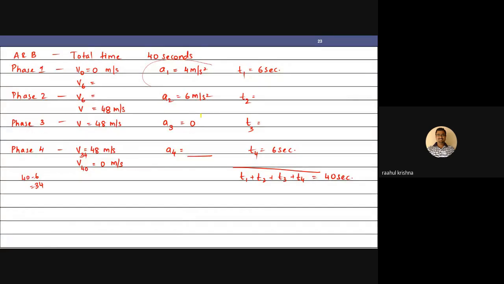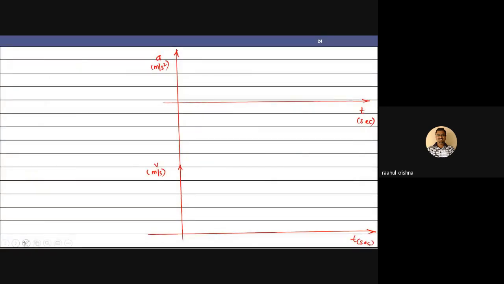Okay. So how do I plot uniform acceleration then? When I want to plot uniform acceleration, how am I going to do that? How do I plot uniform acceleration? A straight line with positive value which is parallel to the axis, right? It is parallel to time.